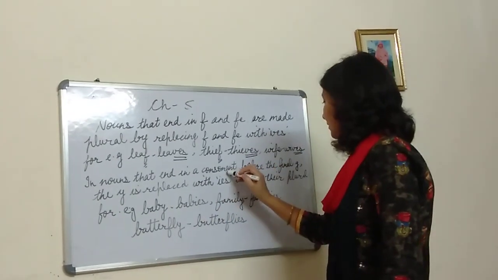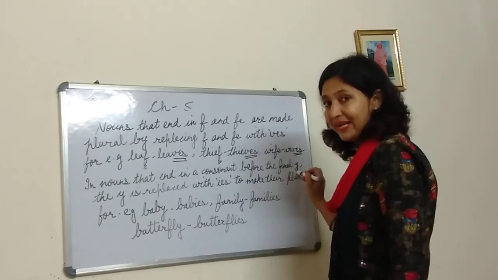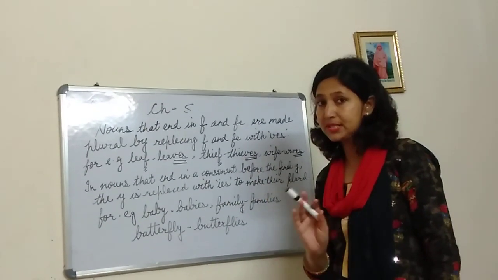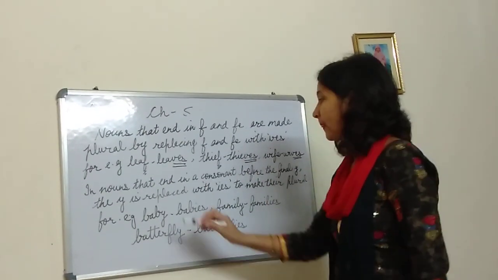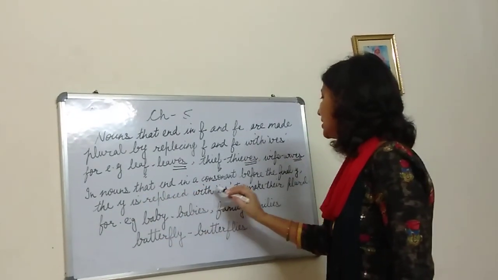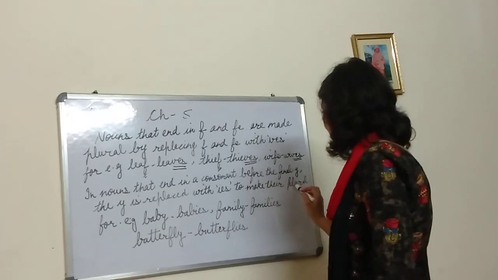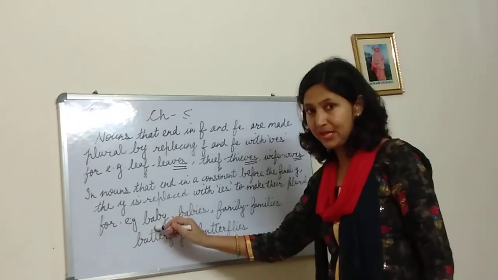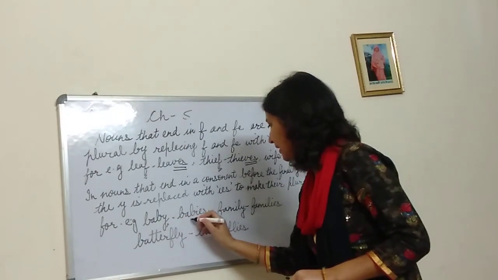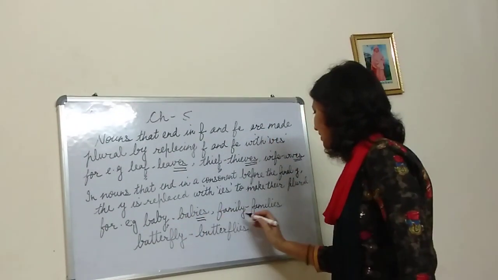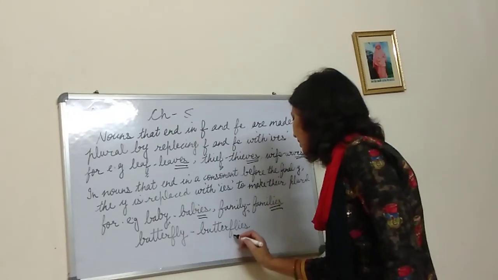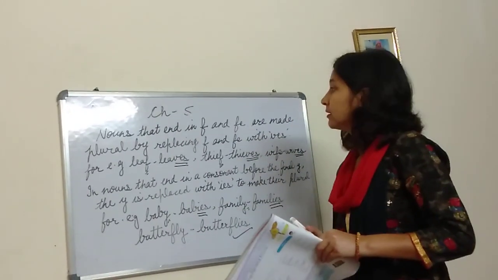Means the word ends with y and before y consonant is there. The consonants and vowels are clear to you. The final y is replaced with ies to make their plural. For example, baby, in place of this y, we will add ies. Family, families. Butterfly, butterflies.